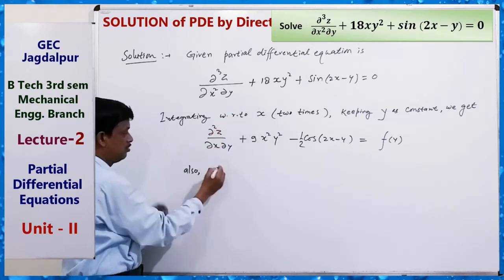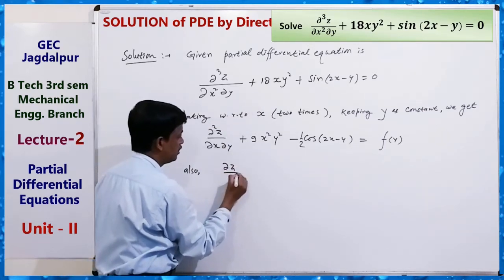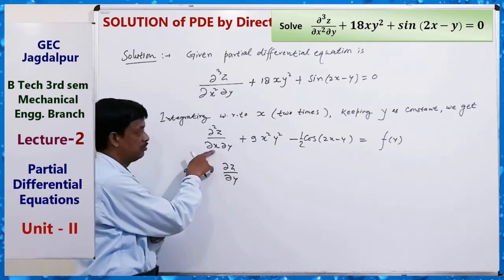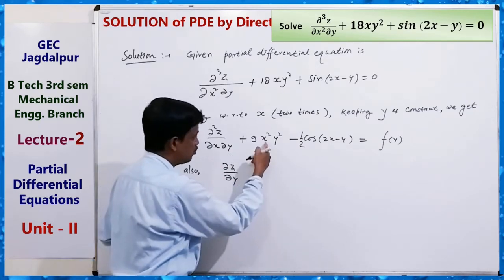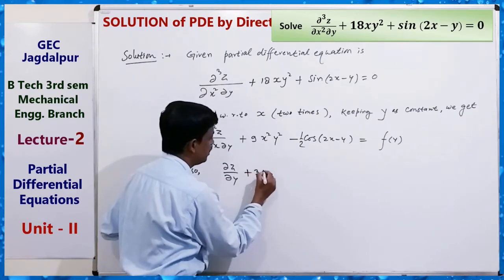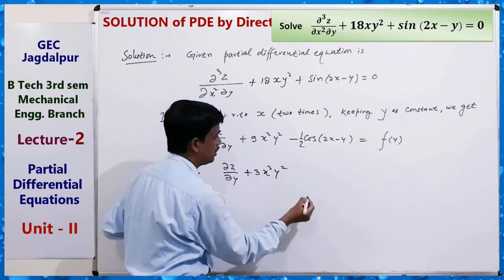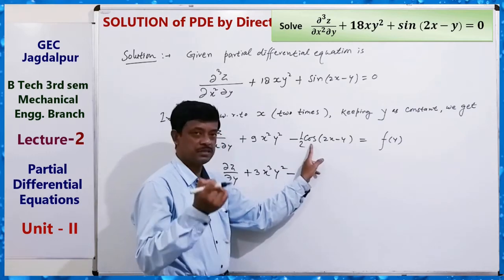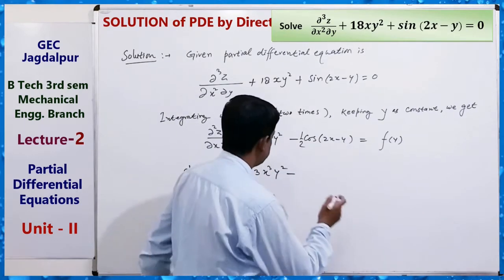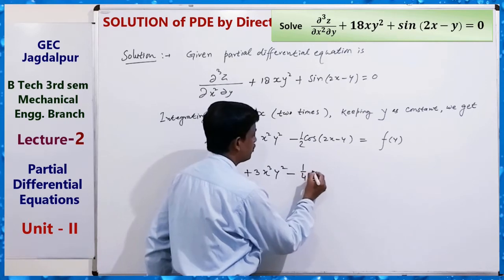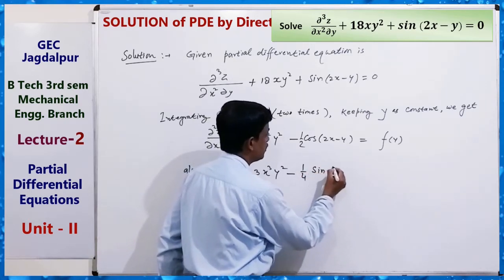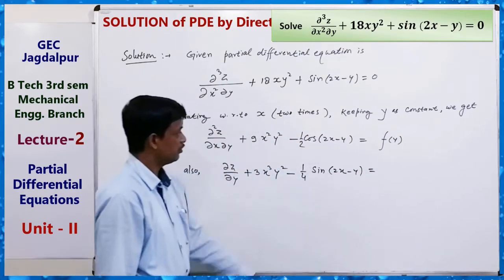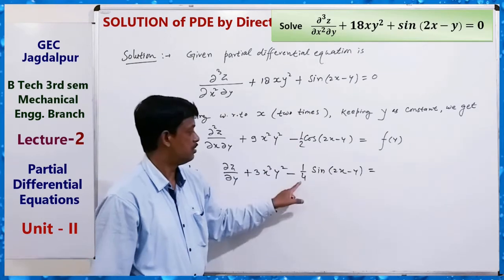One more time, for del z by del y, we integrate once more with respect to x. So x cube by 3 gives 3x cube y square. Now integrating cos gives sine, so 1 by 4 sine(2x minus y), since sine and 2 divided by 2.